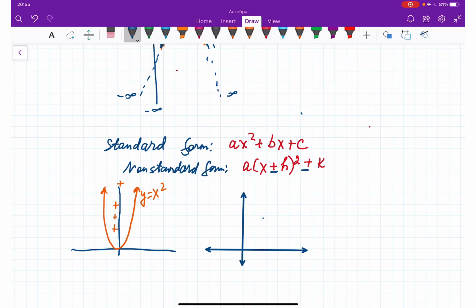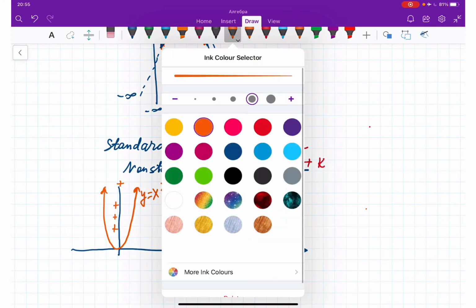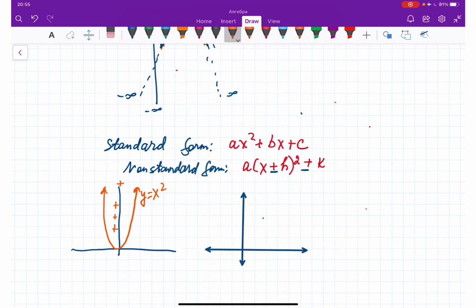So when the graph is running up, then this point we call the lowest one. When the graph is running down, then this point is the highest point.